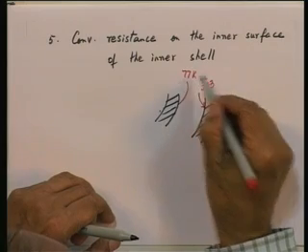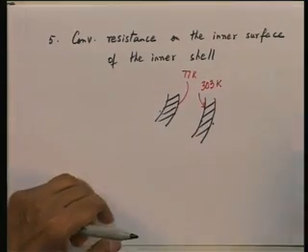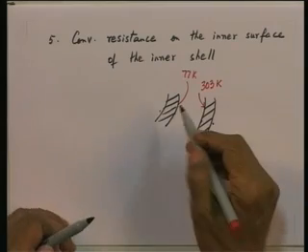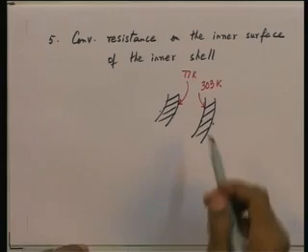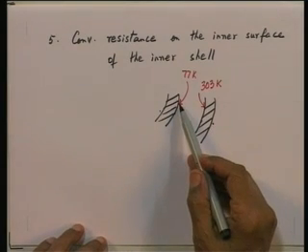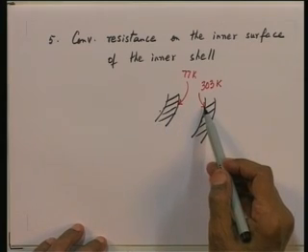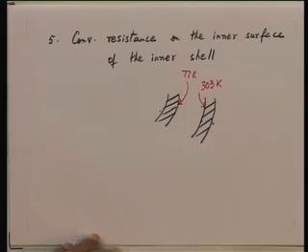Since it is the dominant resistance, all the temperature drop really takes place across it, and therefore, take the temperature of the outer surface of the inner shell to be 77 and the temperature of the inner surface of the outer shell to be 303.